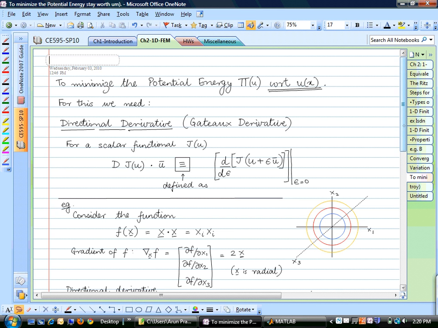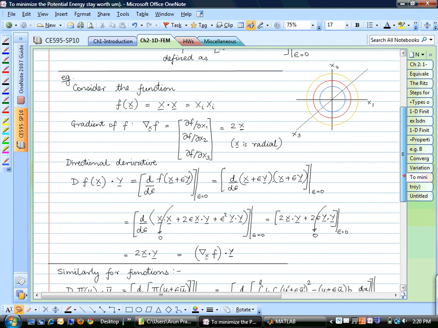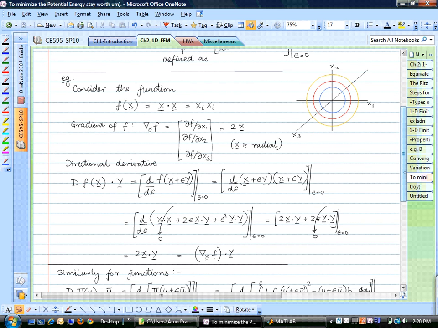A more physical interpretation of this directional derivative is like this. Let's consider a function f of a variable x. This function is nothing but a sphere. This is a definition of a sphere. If you take the gradient of this function, you will get twice x, and x is radial.